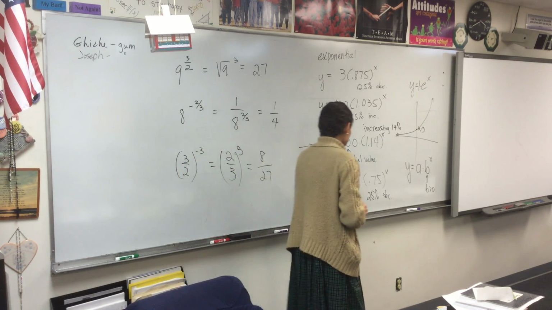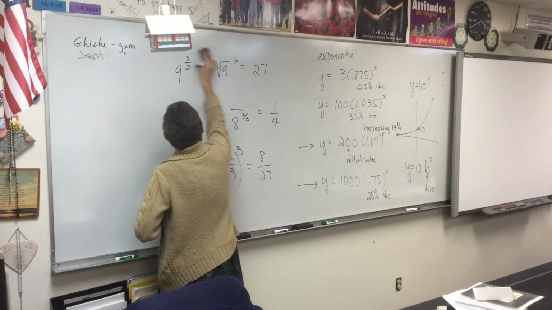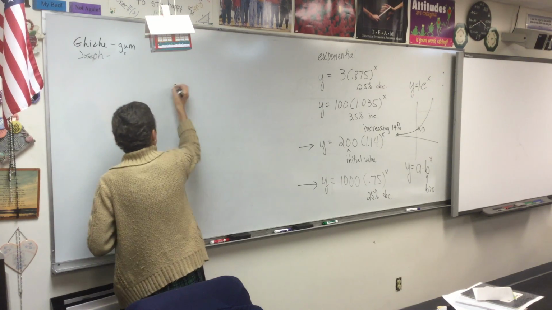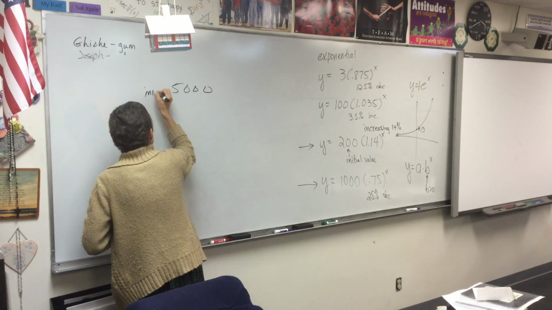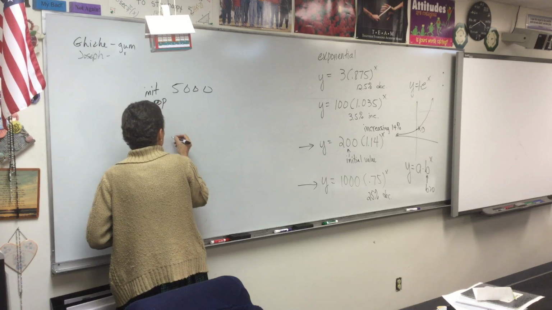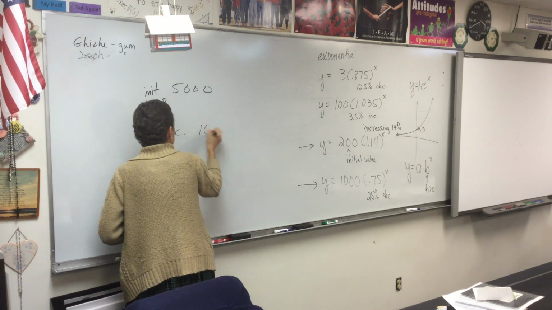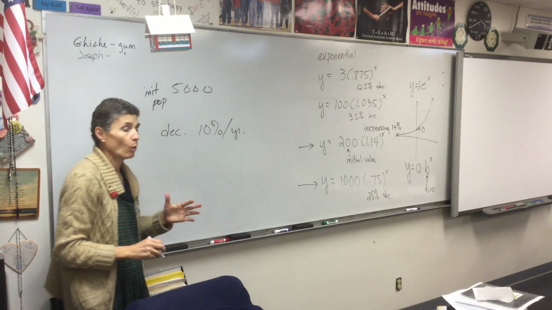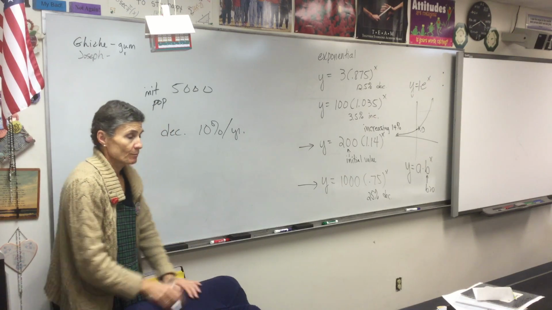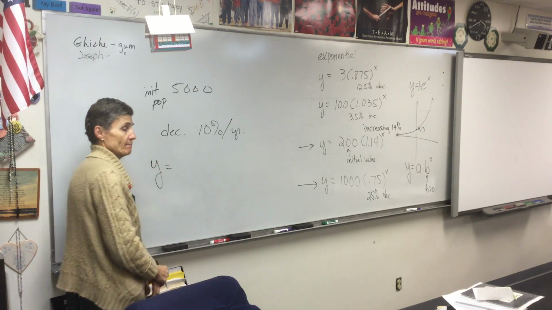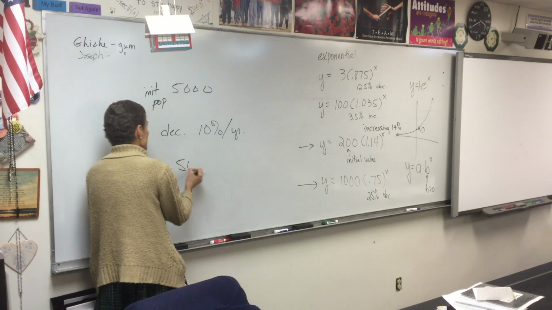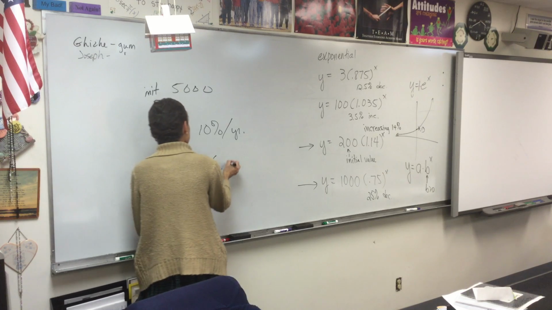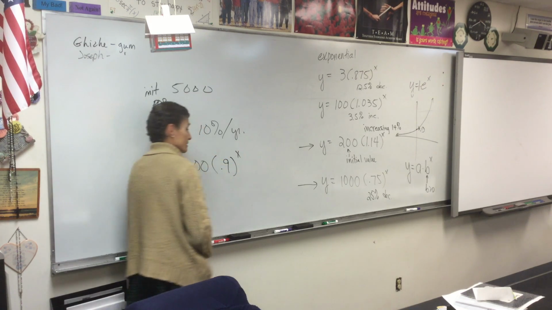So if someone said to you, what would the equation look like if you had an initial population of 5,000, and it's decreasing 10% per year? Y equals what? 5,000, initial value, times what? 0.9 to the x.